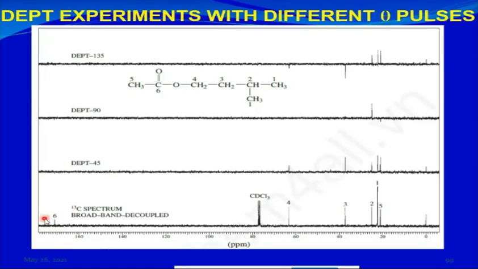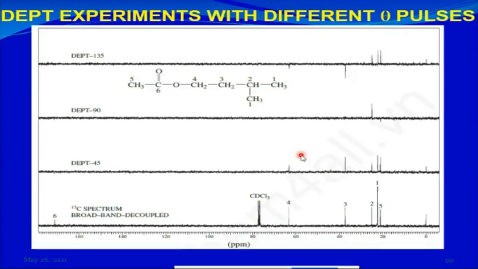The first information that you got from the DEPT experiment is that we have only one quaternary carbon in this molecule, and that can be confirmed from its structure, and that quaternary carbon appears at 171, and this 171 ppm belongs to the region where you can see carbonyl groups, and this is a carbonyl group, of course, so that is confirmed.